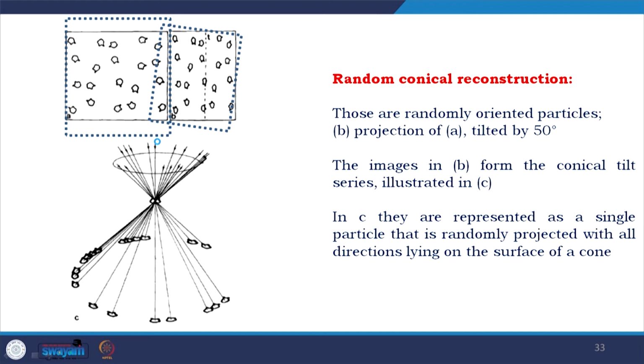In C, they are represented as a single particle that is randomly projected with all directions lying on the surface of a cone. So, that is why it is called random conical reconstruction, taking from 2D, doing a tilting development of a cone which is giving you the projection from 2D to 3D.